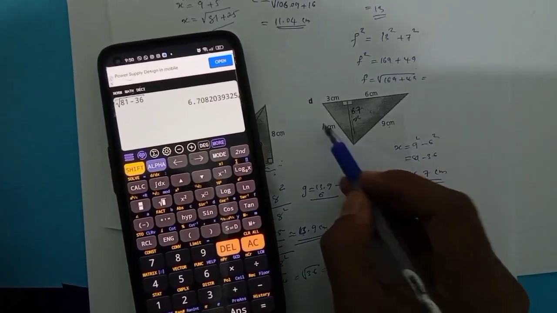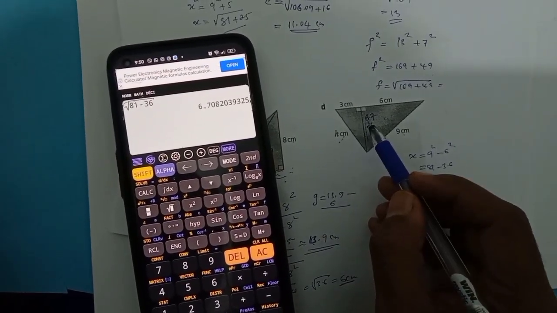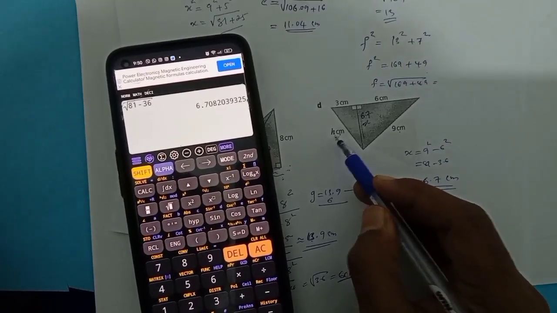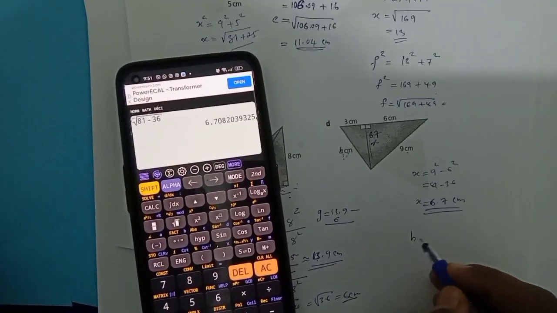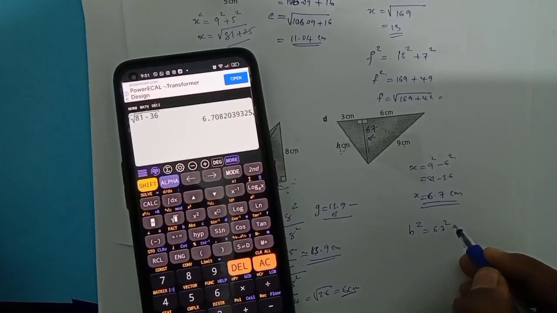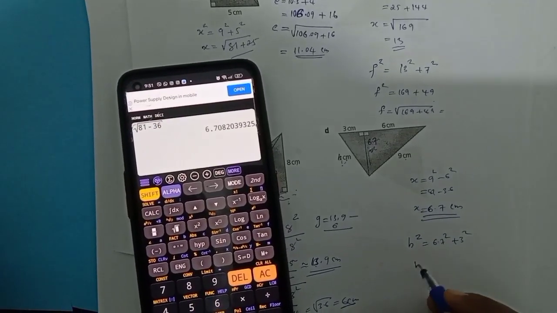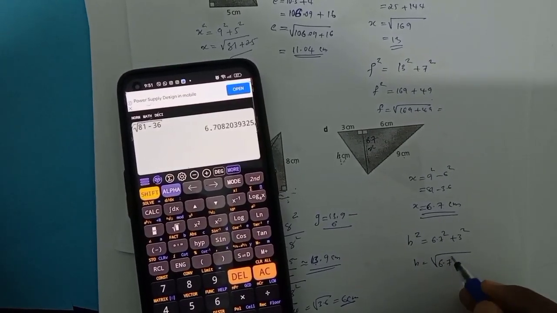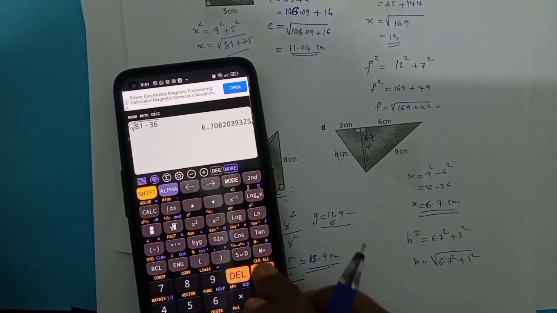Now we can find out the height. You can take 6.7 and 3 centimeter, and here this is h. So the h is hypotenuse. So h square is equal to 6.7 square plus 3 square. So h is equal to root of 6.7 square plus 3 square.